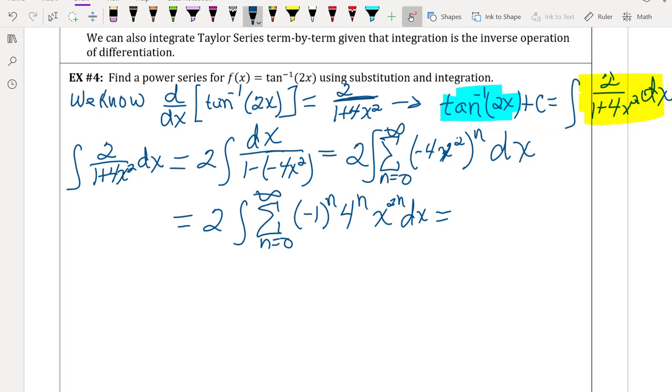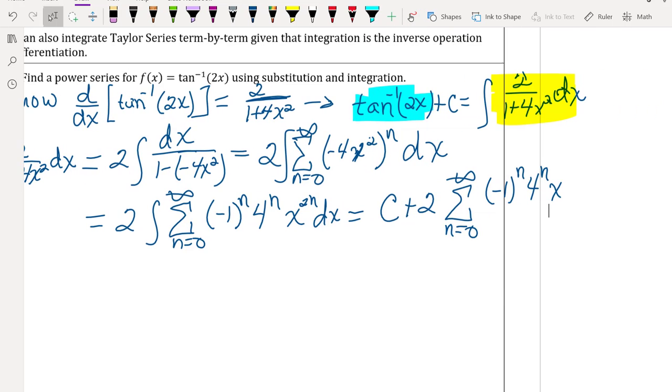So when we integrate this, there's our constant. And then we're going to have 2 times the summation of negative 1 to the n, our 4 to the n, and our x is going to be to the 2n plus 1. And then we have to divide by our new power.